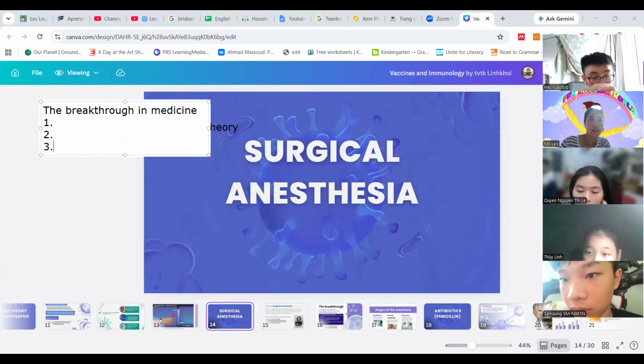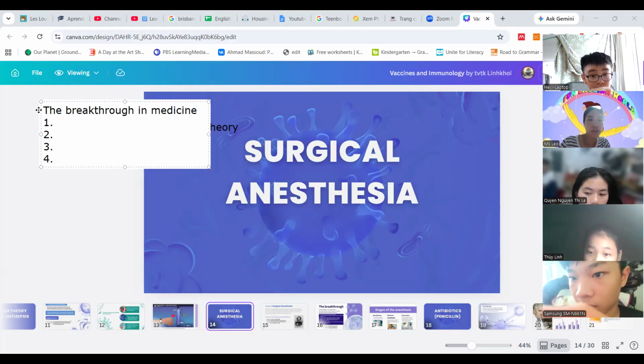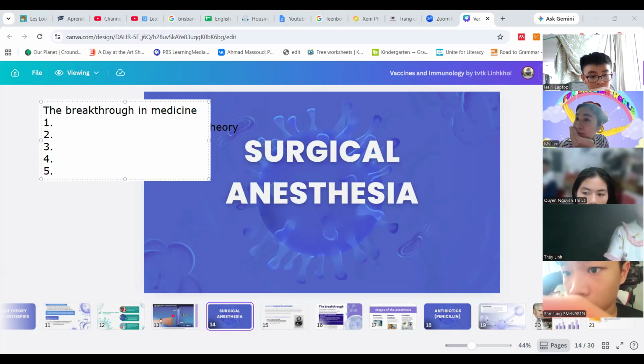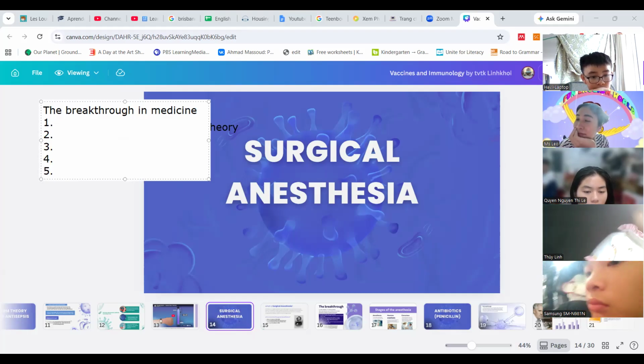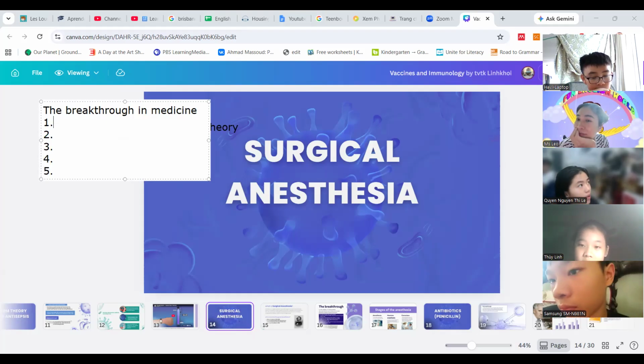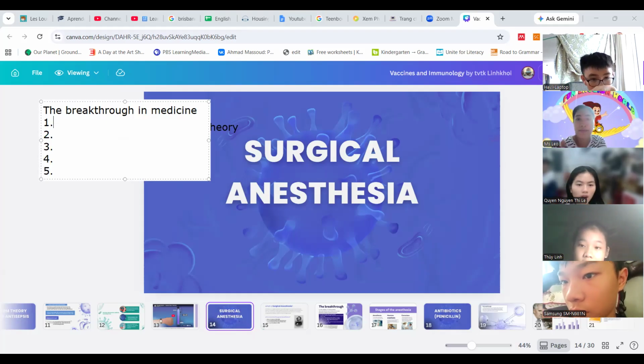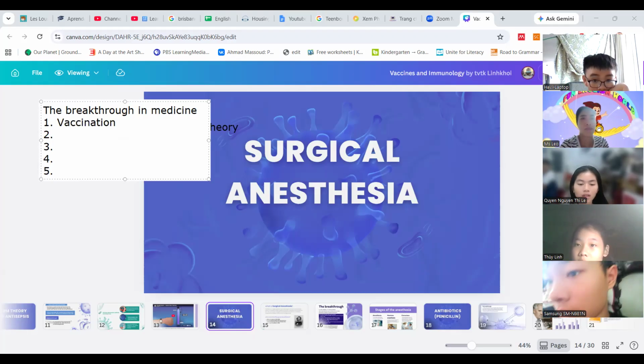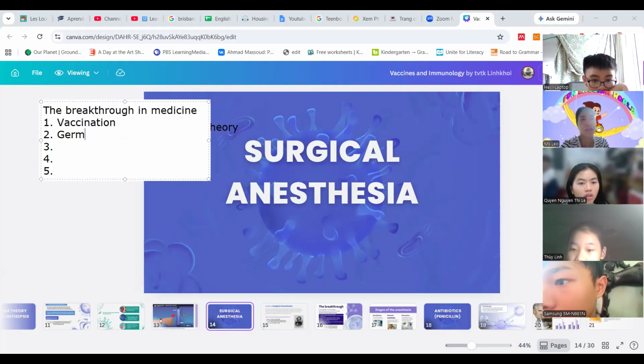The breakthrough medicine that Sophia mentioned in her slide. How many? I remember the breakthrough of vaccine in cowpox. The breakthrough of germ theory, that is Pasteur, right? Koch. Did I mention it right? Only two?